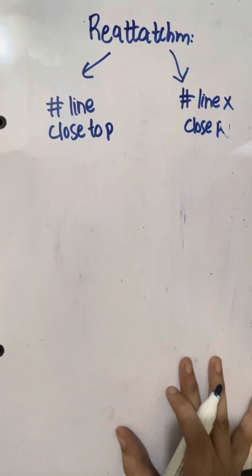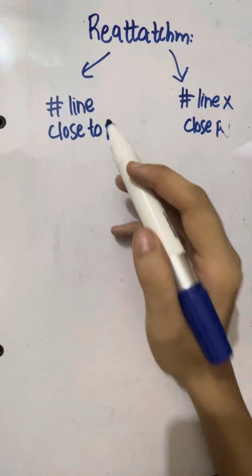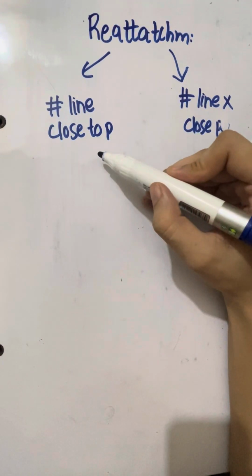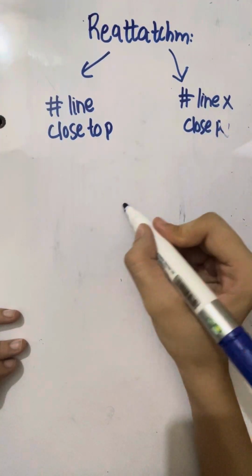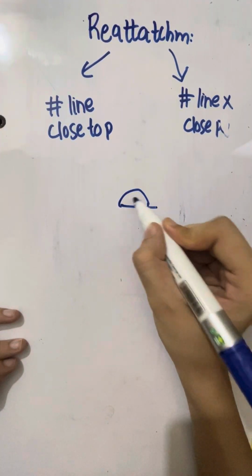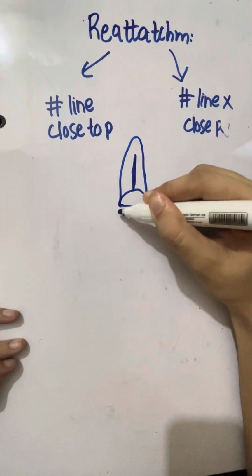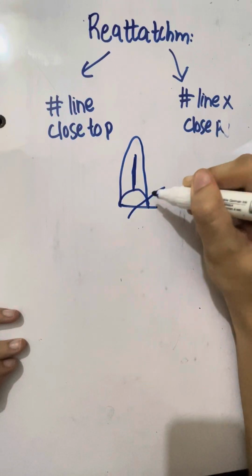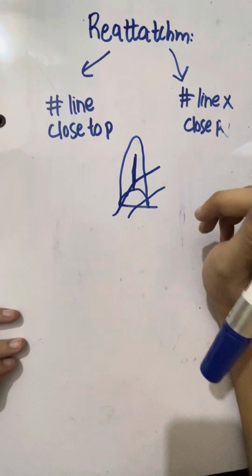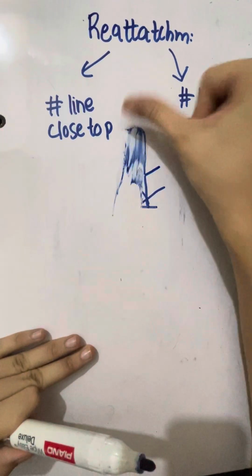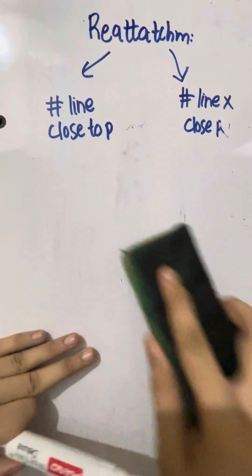If you have the fragment of the tooth and you are going for reattachment, you will consider this as a tooth and this as a pulp. So the treatment will be based upon the position of the fracture line.